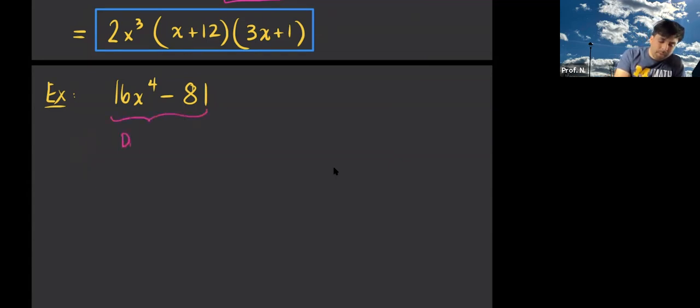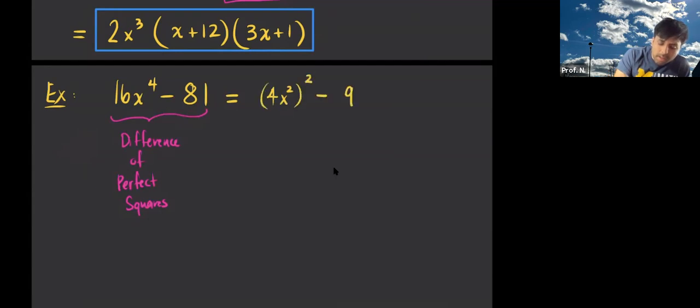So this is a difference of what? This is a difference of perfect squares. So let me write it as such. I can write this as what? 4x squared, parentheses squared, minus 9 squared.